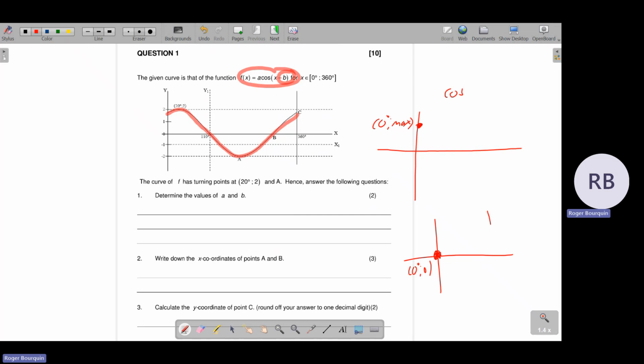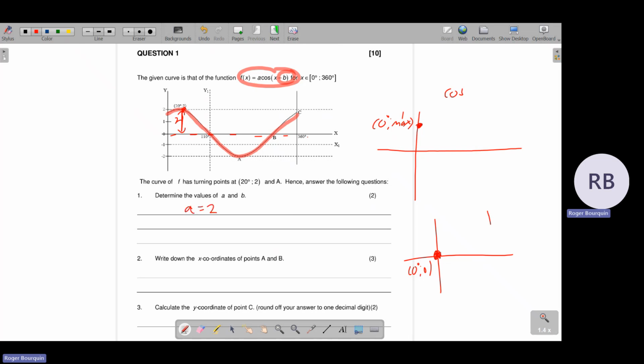Normally the maximum of a cos graph is 1. Now your maximum has a y value of 2. What's your displacement from your 0 line? There hasn't been a vertical shift, so this is still your 0 line, and that displacement is 2. So A must be equal to 2.